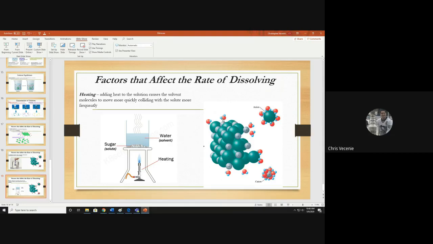The other thing that's moving faster is the water, and the water starts to bounce off the crystal more and more quickly. Both of these things make the substance break down faster: the weakened IFs coupled with the more frequent collisions of the solvent with the solute. So these 3 things will make something that wants to dissolve faster, but it won't make something that doesn't dissolve.